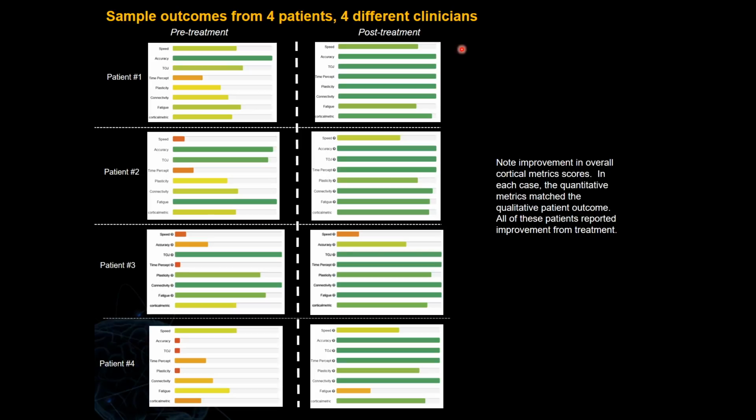Without going into all the details about how the individuals did, you can get a general, intuitive feeling that the graphs on the right reflect better results than the graphs on the left. So all of these patients improved from their different backgrounds and their different treatments at different clinicians.